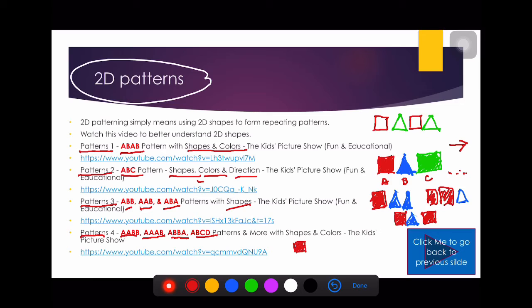So this is A, this is A again, and then AABB, that means the blue triangle, and the blue triangle. So this is AABB. So you can actually watch some different combinations in the links here to get an idea of the 2D patterns.